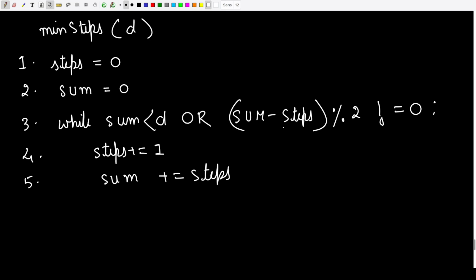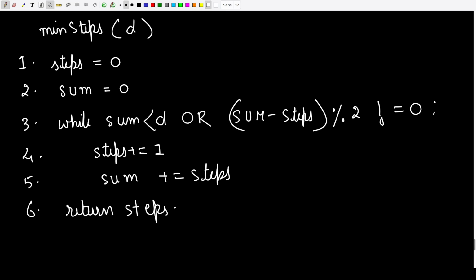Otherwise, we are going to move forward. It might be possible that n plus 1 gives us the difference as even. Then again, we are going to return that. Otherwise, n plus 2 will guarantee to give us the difference as an even number, and in that case, n plus 2 will be returned. So here we are going to return steps. So that's the pseudocode, folks.